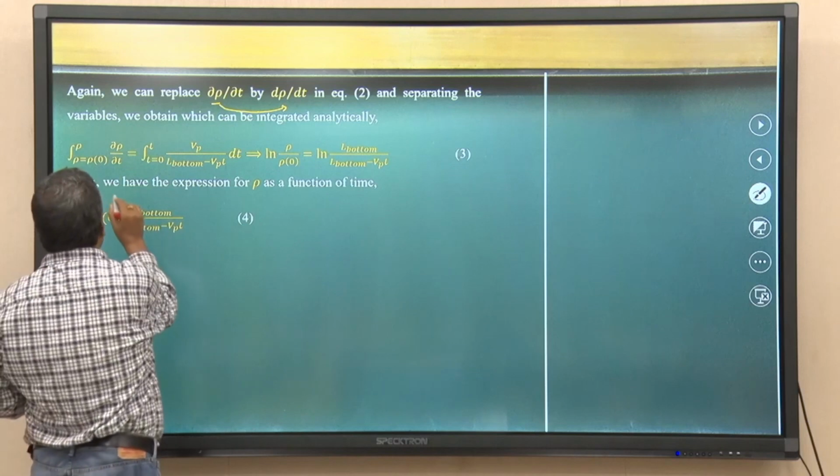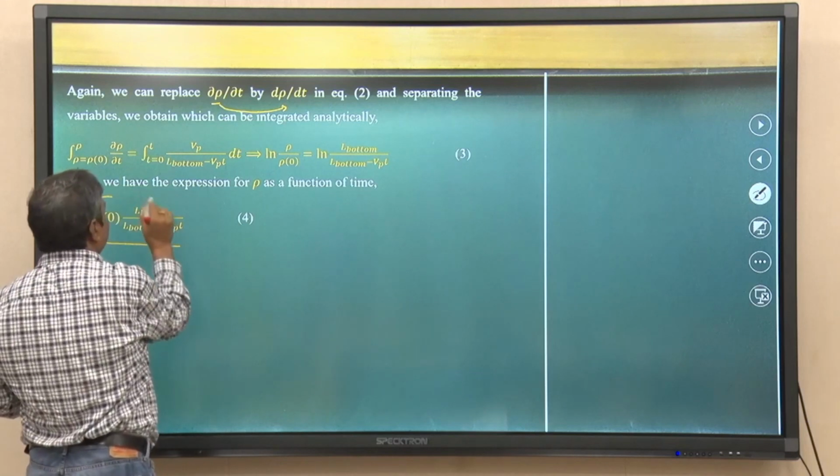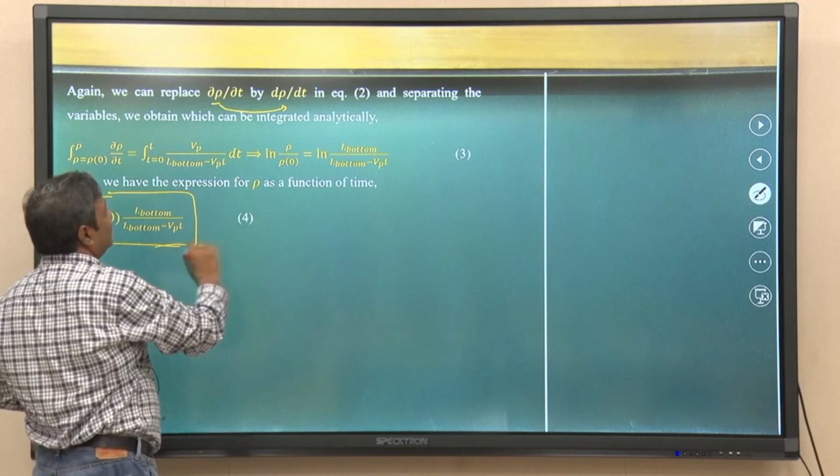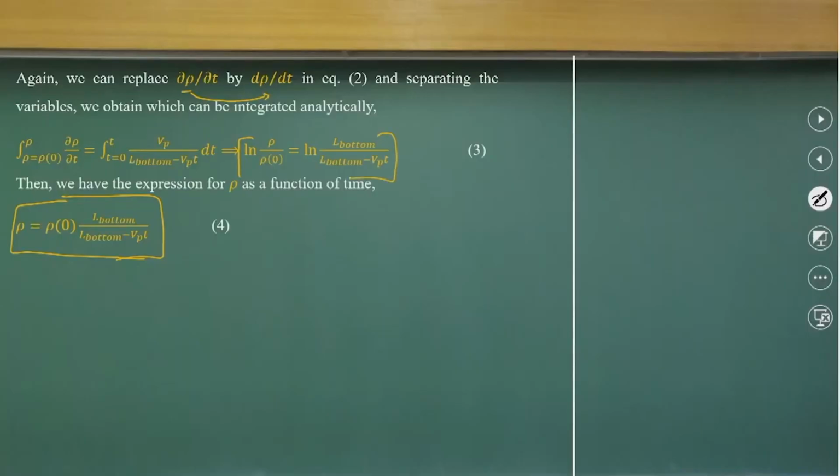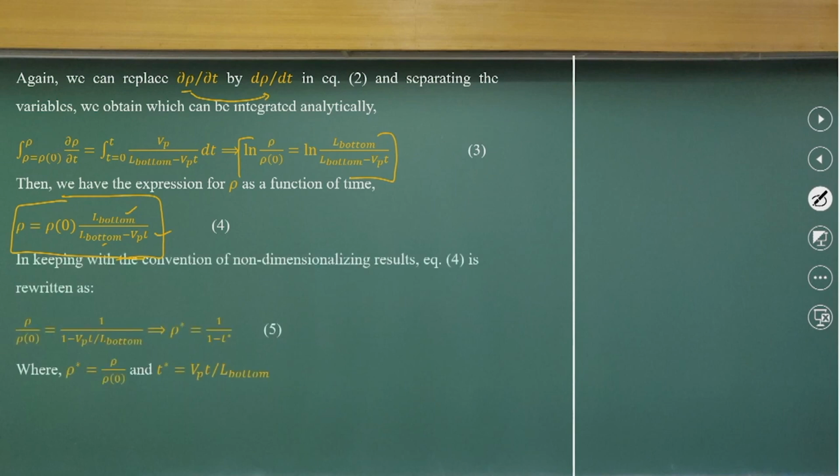Finally, I get the relationship of these components. The log components are there. So, we have the expression of the density, which will be a function of time and the length of the piston, L bottom, and if I do a non-dimensional form, I will get this form.